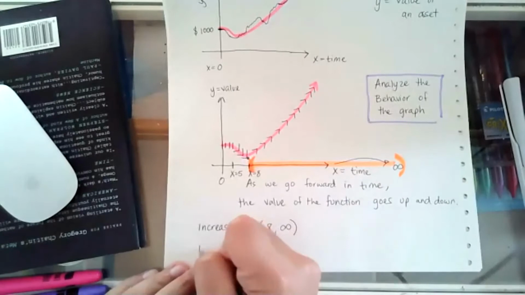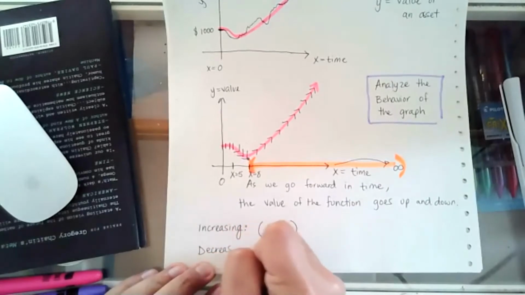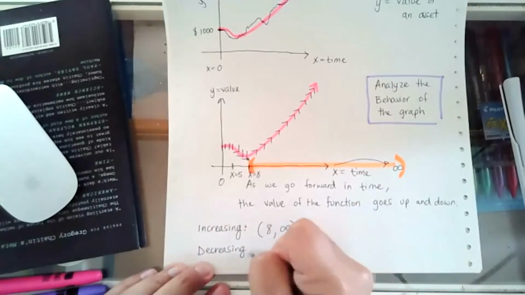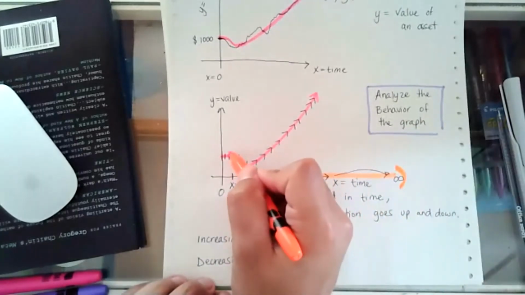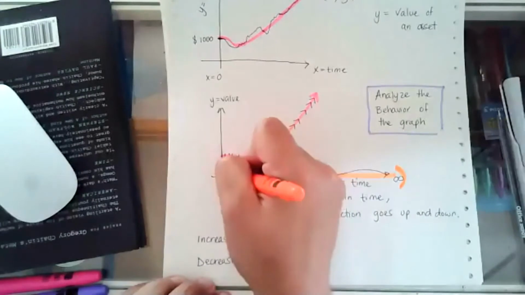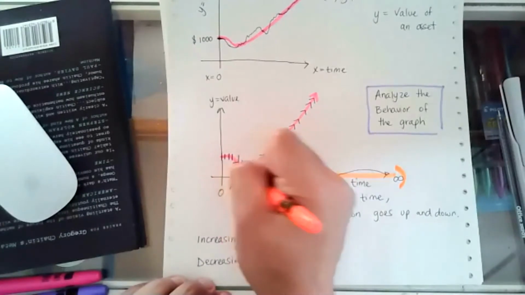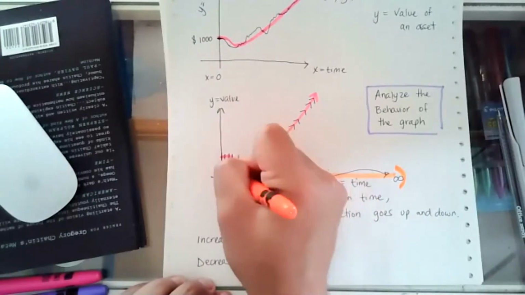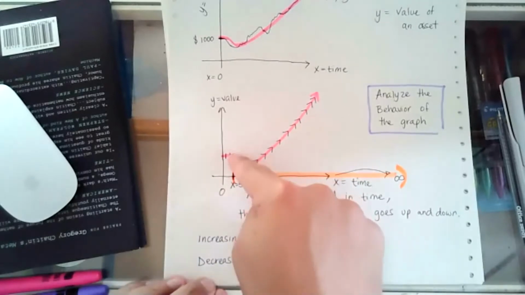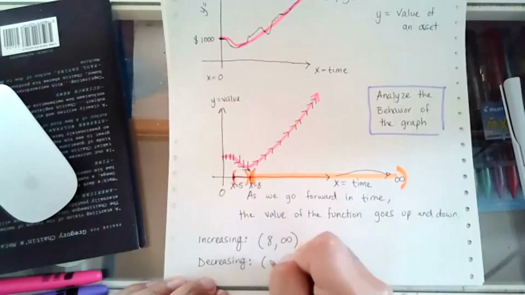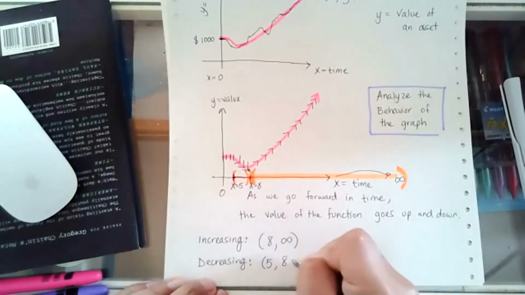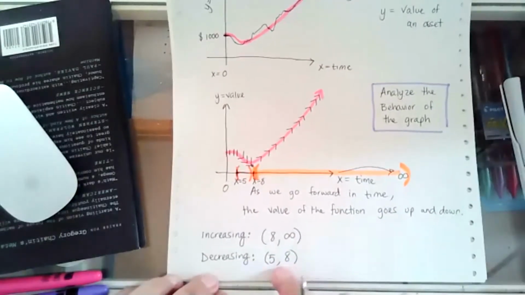I'm going to say that this graph is decreasing right here. We probably see the dip right here. I said at x equals 5 all the way to 8 right there, where the graph is sort of going down like a roller coaster. So I'm just going to write this as 5, 8. So it's decreasing between day 5 and day 8, decreasing in value.